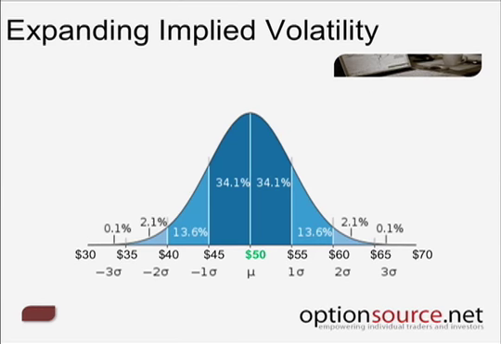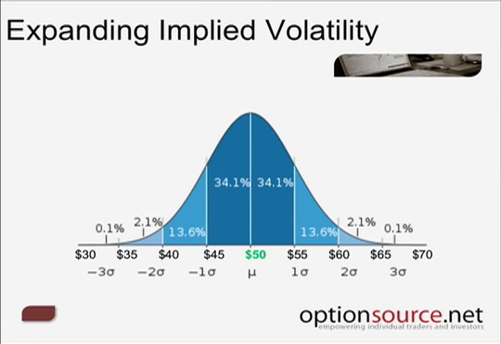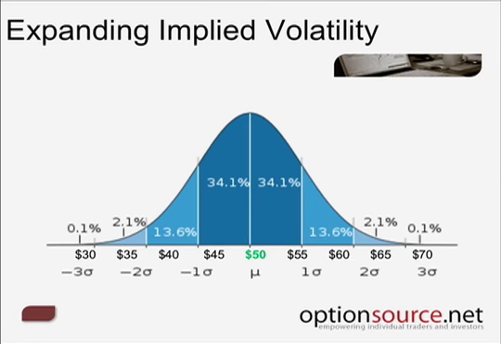But if we look at the implied volatility distribution curve here, and we look at it as expanding, essentially what we're looking at is market conditions changing, and the market maker now feeling that there is a greater risk in assuming the opposite side of the trade. Once again, this risk may be due to a number of reasons.